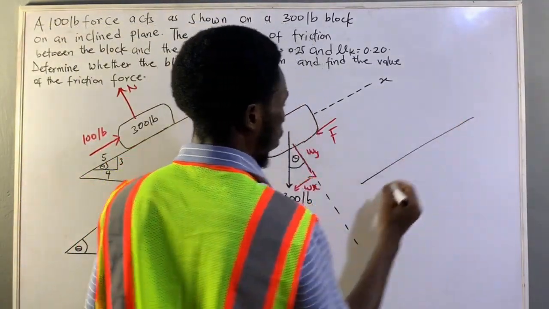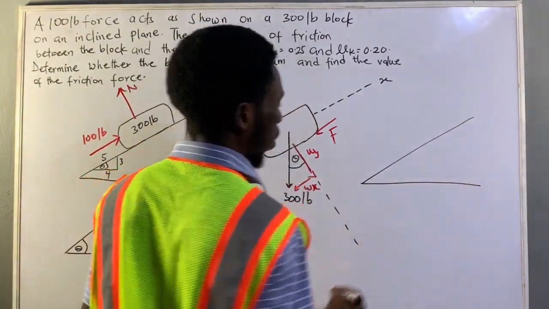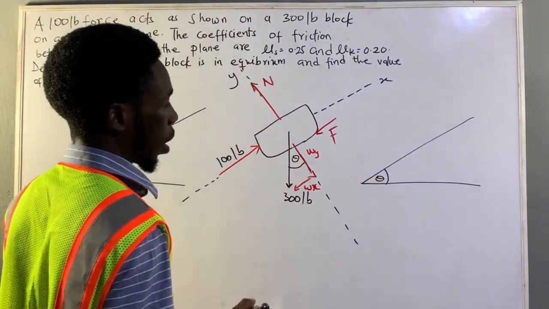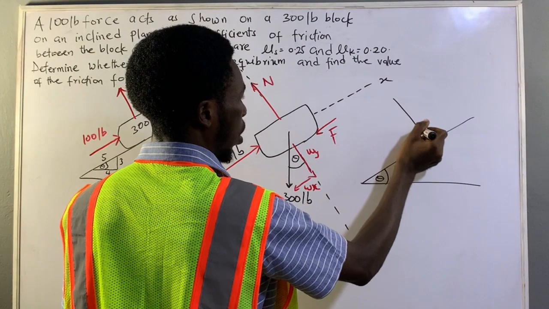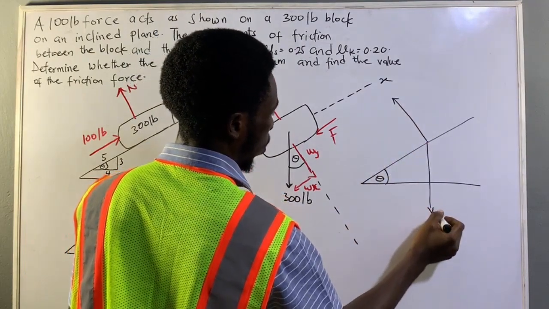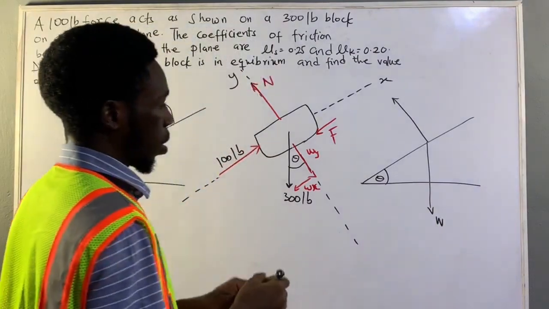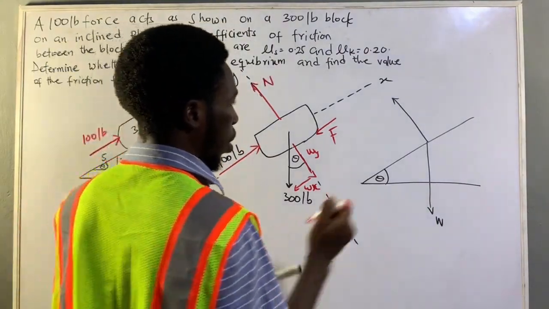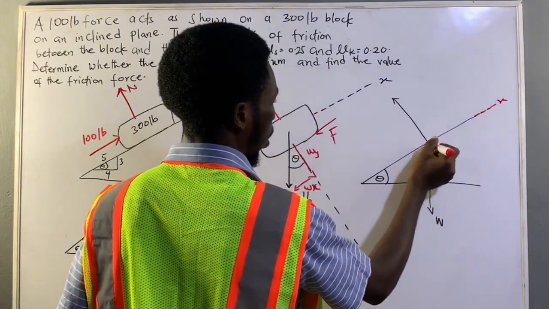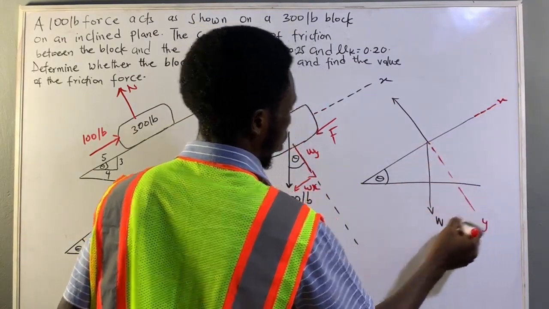Let's say we have an inclined plane here, and this is our theta. You have this to be our normal force, and this is the weight force. Then we'll have our x-axis here and our y-axis here.